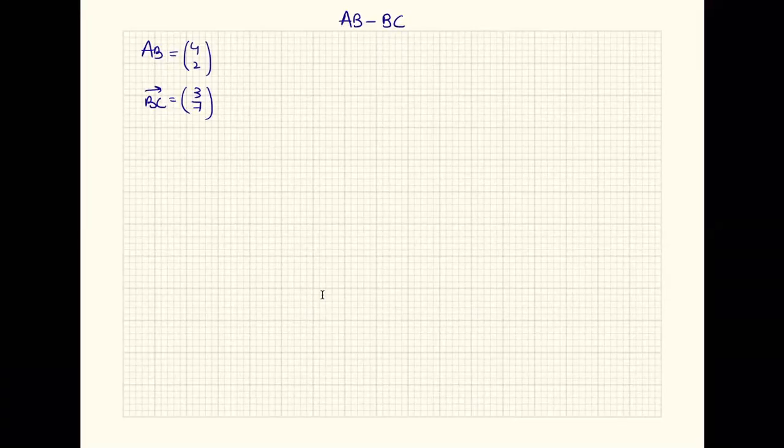Now, AB minus BC simply means from AB you add the negative of BC vector. What is the negative of BC vector? It's going to be -3, -7. Yeah, it's going to be CB. Yeah, either you can do like this.